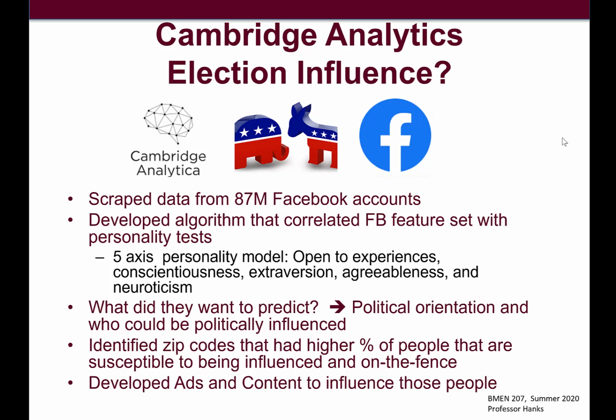The personality model had 5 different areas, and from that information they could tell what type of ads to present to you, subtle messaging, so that they could influence you. That's what they were looking for: people that could be influenced with Facebook ads.